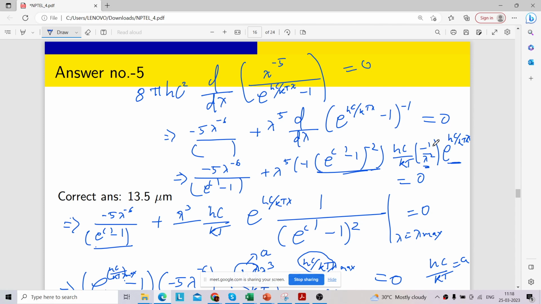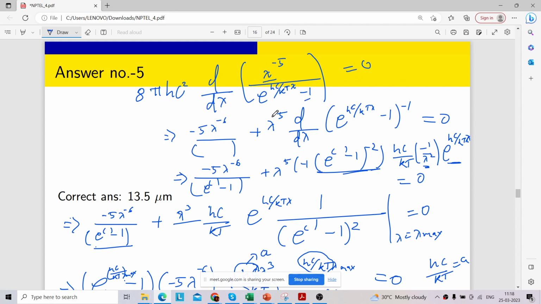Oh, okay. Yeah, I did mistake here. See, I did differentiation here first with respect to this lambda to the power minus 5, then I kept this as constant, then second term I have to keep this as constant, then do the derivative with this second term.